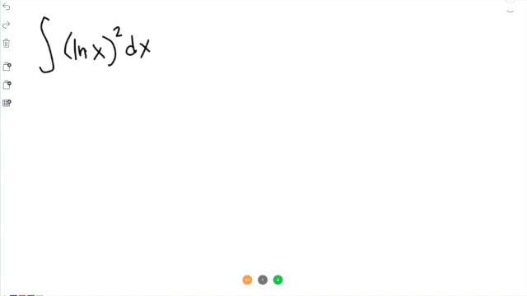So for this one, first step, again, identify what is u and what is v. For this, I think we really have no choice but to make (ln x) squared our u, and whatever remains would be our v. So v would be the integral of dx, or x.